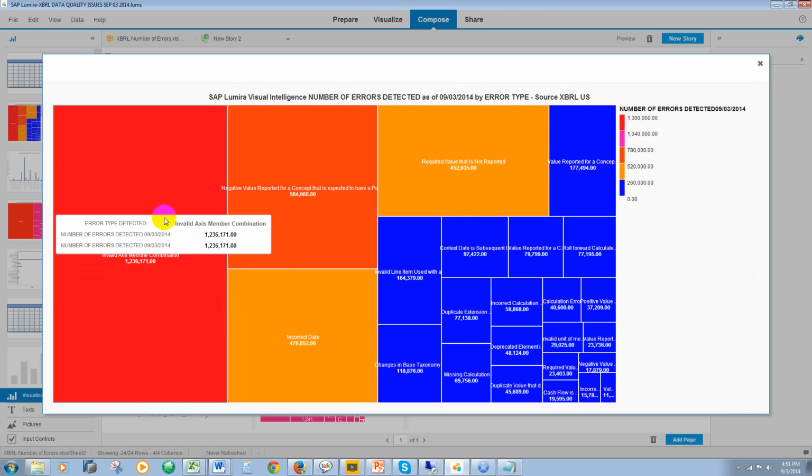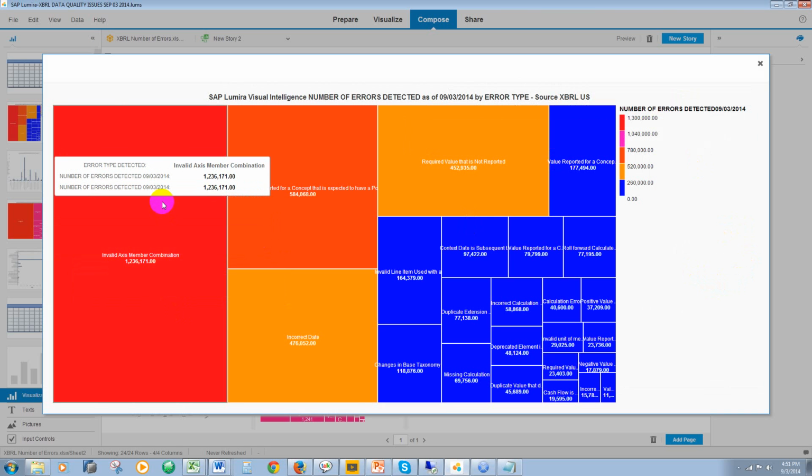We see that as of September 3rd, 2014, the invalid axis member combination stands at 1.23 or 1.24 million, and so that's a huge number of invalid axis member combination errors.